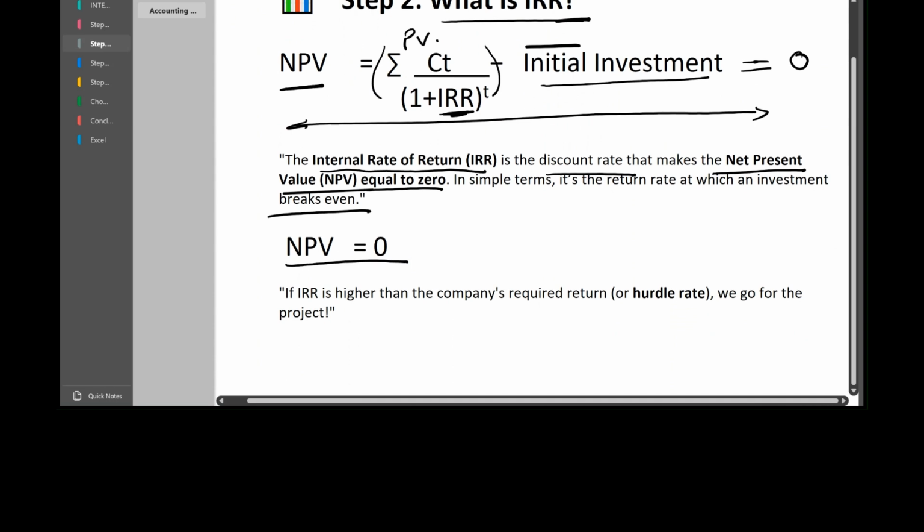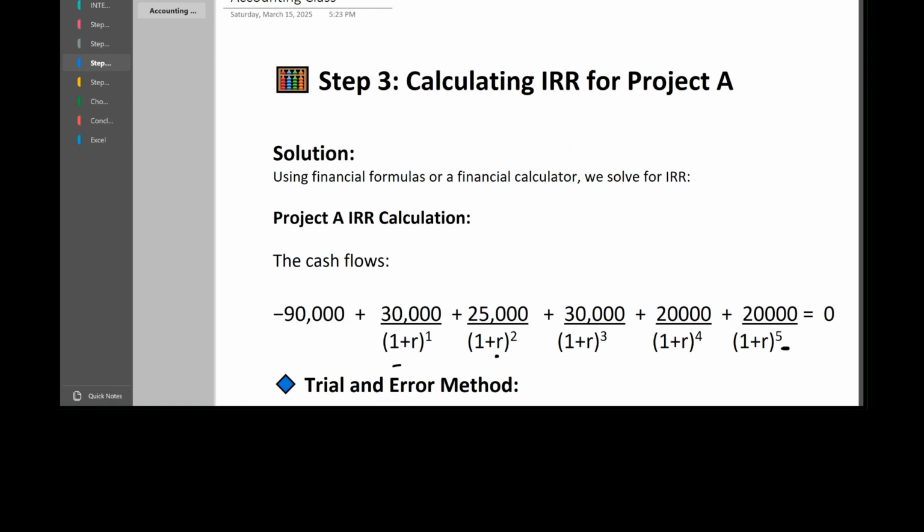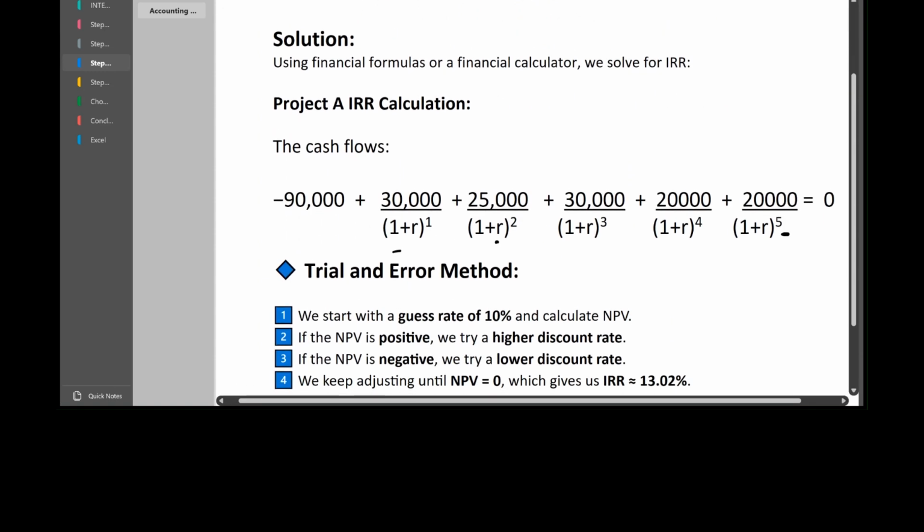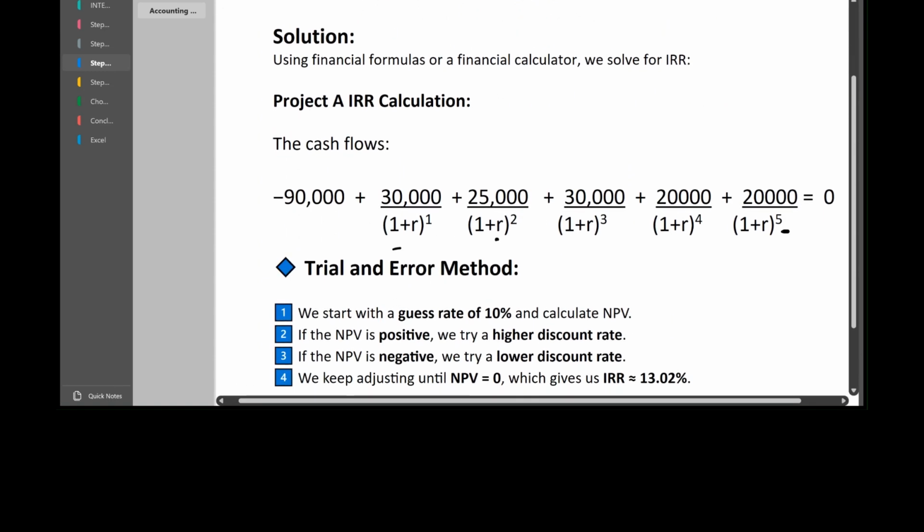We talk about the hurdle rate, and step three. This is the way you're going to lay out your problem.